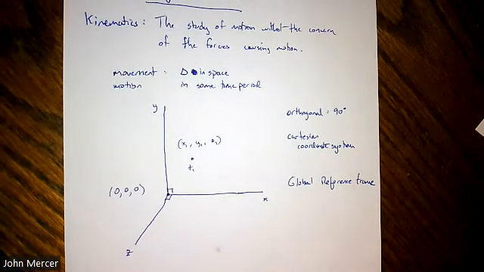Or if I'm doing a seating chart in a classroom, I could call row 1, seat 1 the origin of my reference frame, and then I can have rows of seats and columns of seats, and I can identify the location of every seat and therefore every student in the room.